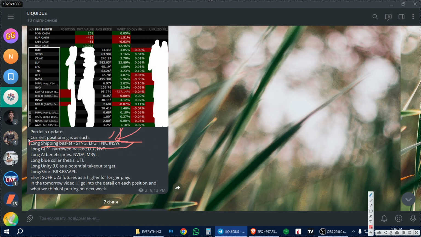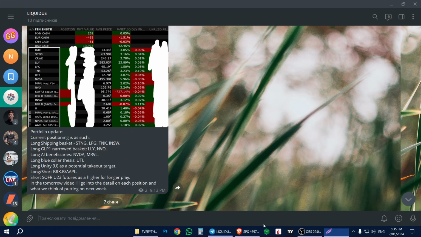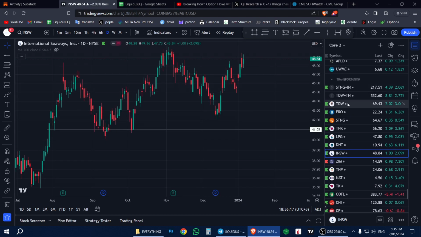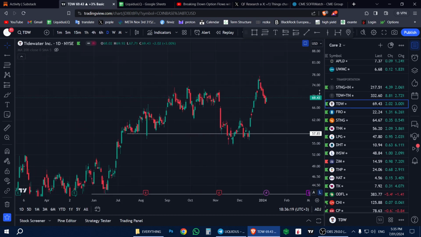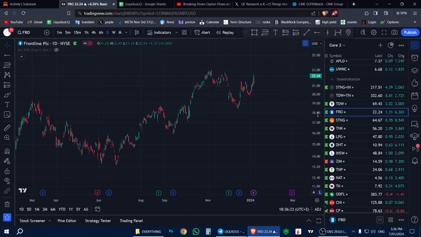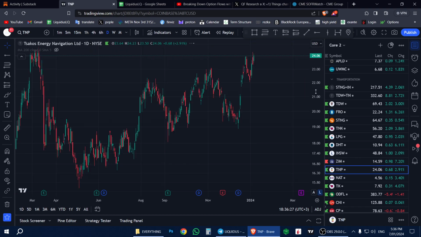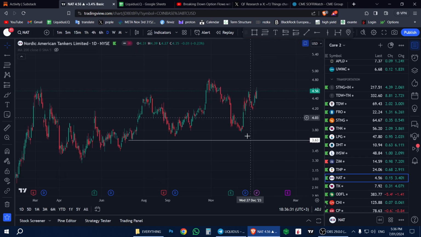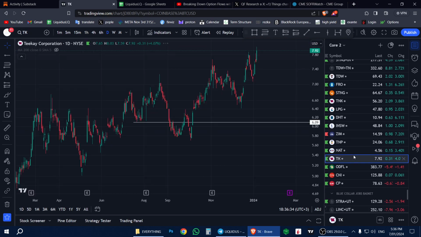And we lagged in. We put on half of the position right here, and we think of adding, let me open up this basket, TDW, FRO as well to that basket, DHT and TNP. We're thinking of NAC, but don't really like that one. TKA as well is interesting.